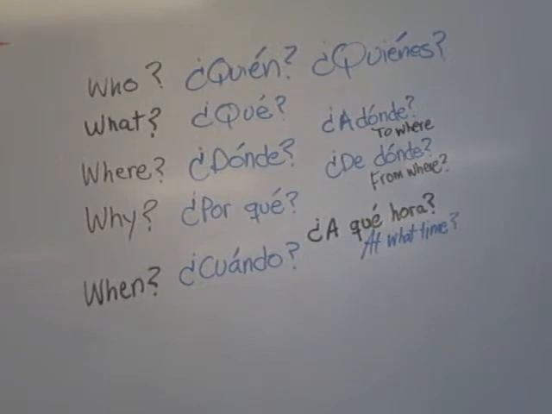If you are looking for the exact time of an event, a class, or a concert, you'd usually ask, ¿A qué hora? And they'll tell you, a las 7 de la noche, at 7 at night. If you ask, ¿Cuándo es el concierto? When is the concert? They may answer you with, oh, el sábado. It's on Saturday. If you're looking for the time, remember, preferably use the question, ¿A qué hora?